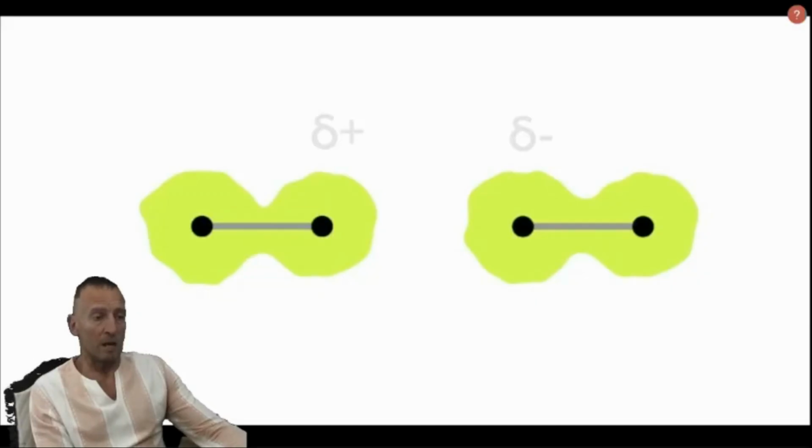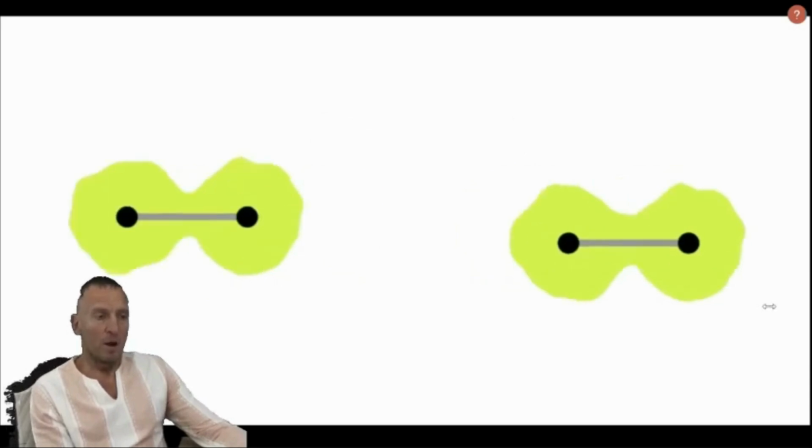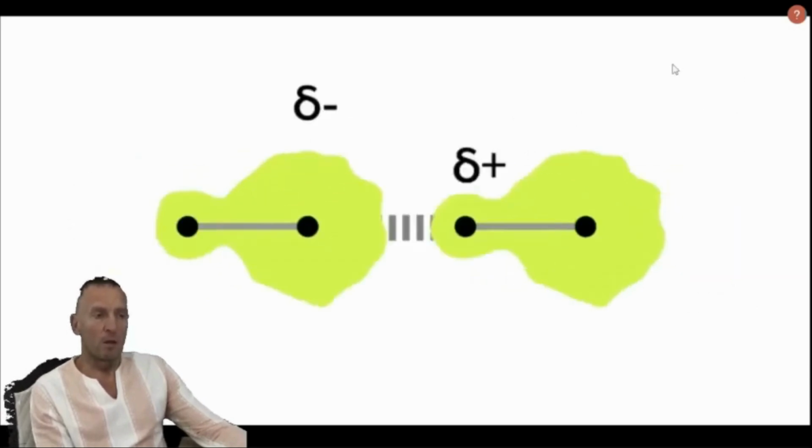Now let's look one more time at this connection. Now I've got 2 molecules, and both of them are covalent, so there is no polarity on the molecules. But when they get together, what's happening? The electron cloud of one molecule gets attracted to the other molecule.